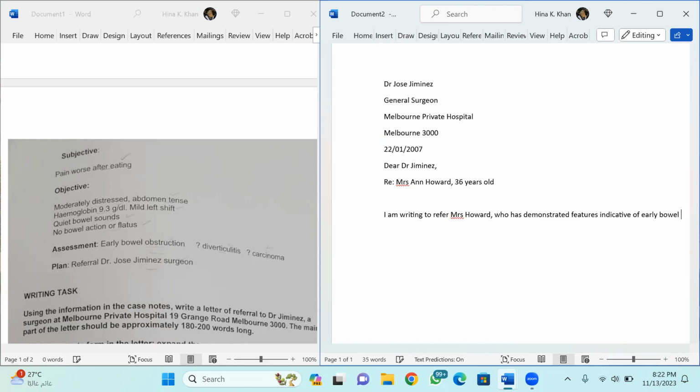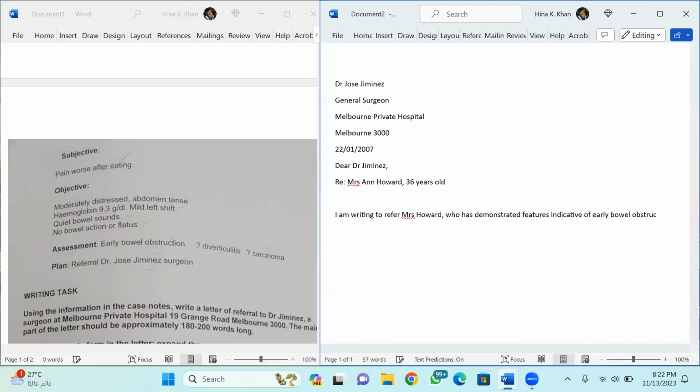Early bowel obstruction, then comma, and there are two possibilities. So possibly due to what? Diverticulitis or carcinoma or cancer. Okay, you can just use synonyms also to write your letter. It will give you high marks.